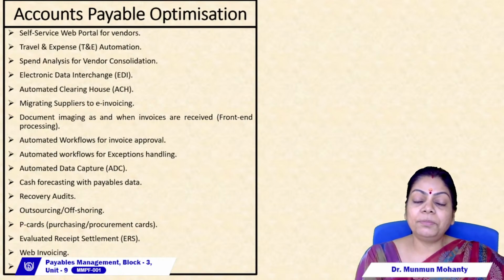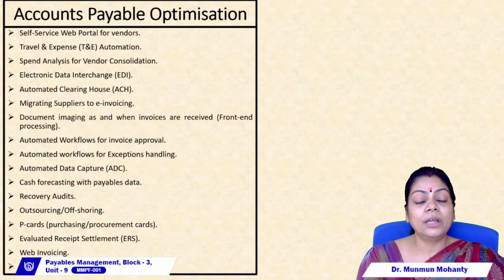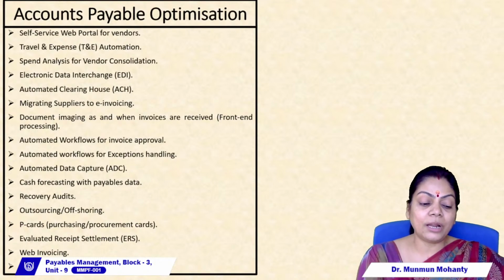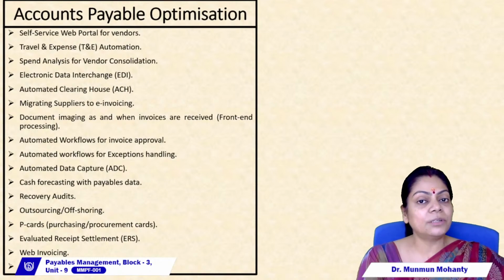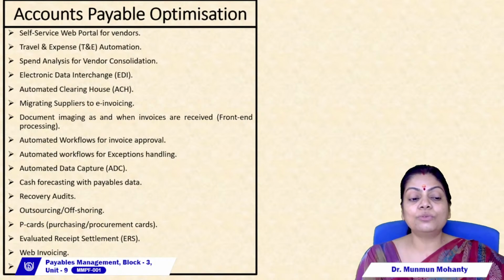So these P cards essentially ensure that you make payment then and there using these credit cards, and you bypass the procedure of requesting approval, which could take days, sometimes even weeks. You can bypass those kinds of systems through the use of P cards.